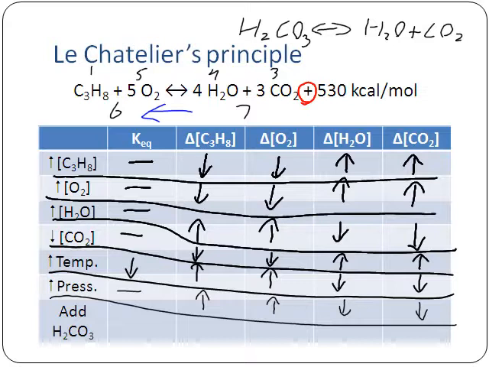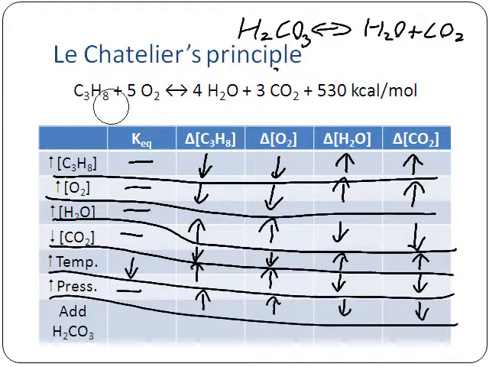Remember, we actually said this is a double reaction here. It does go both ways. So if we do this, the end result is we are going to be increasing the concentration of H2O and increasing the concentration of CO2. And so if we increase the concentration of H2O and CO2, Le Chatelier's principle says this reaction is going to move to undo that, to decrease the concentration of H2O and CO2.